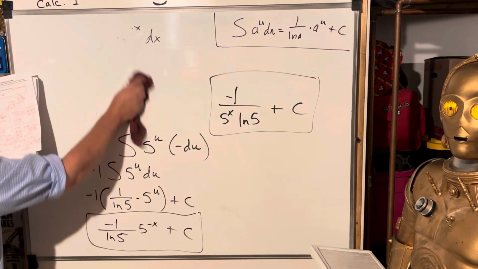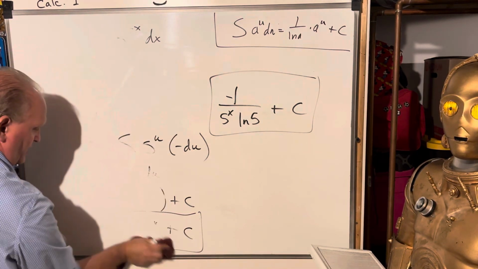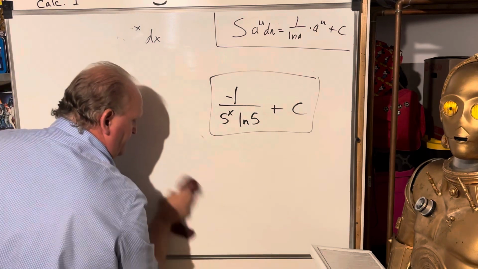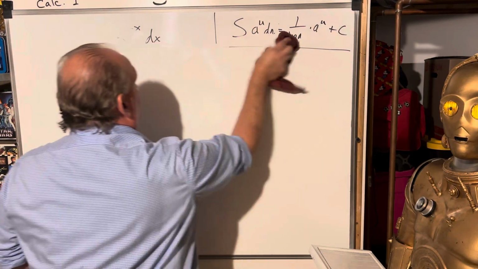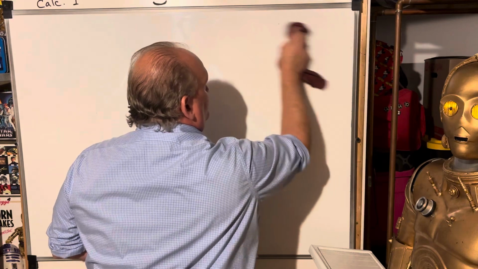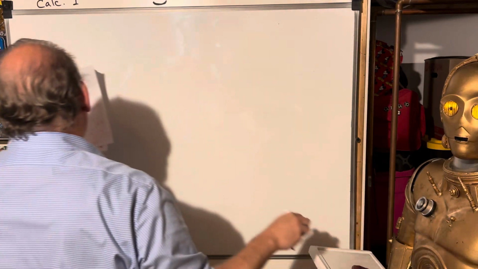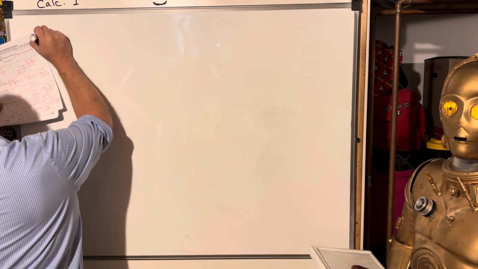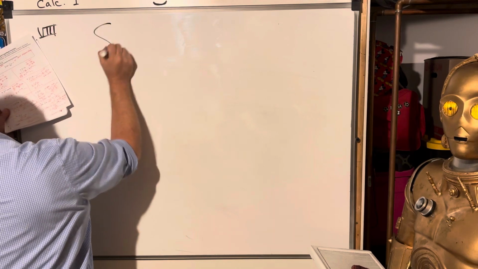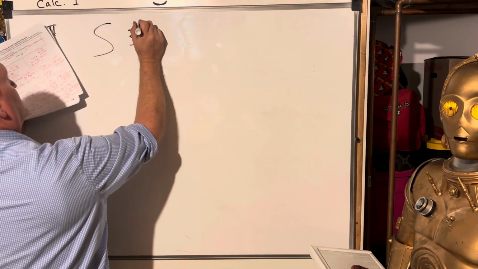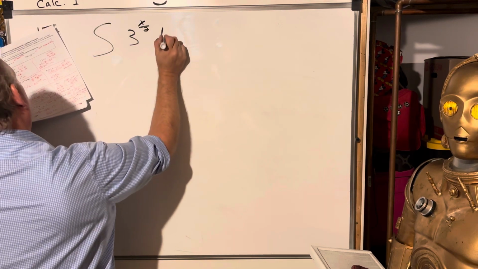Let's look at number 8. Finish off page 31. And what do we have there? We got 3 to the x over 2 dx.